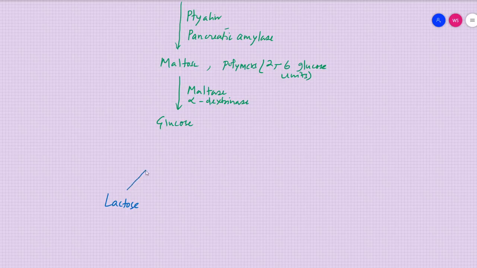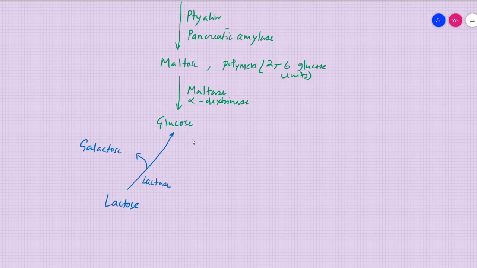This lactose gets converted to glucose and galactose. That is why lactose is called a disaccharide. It gets hydrolyzed to galactose and glucose, and the enzyme is lactase.